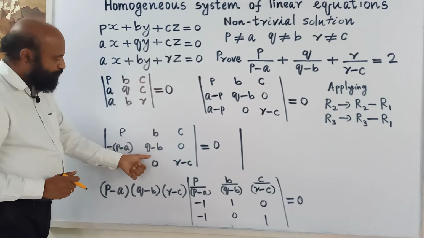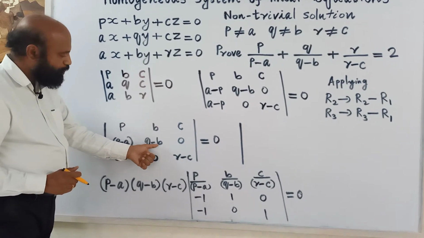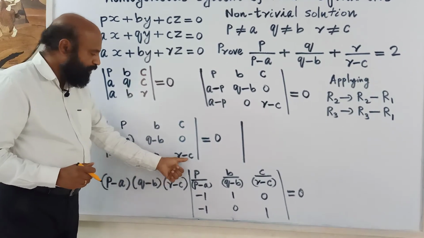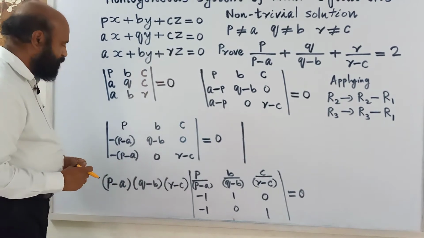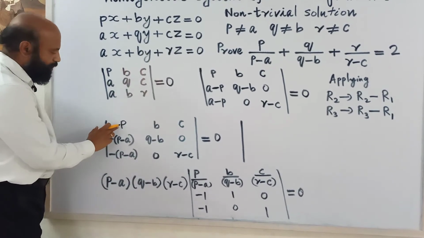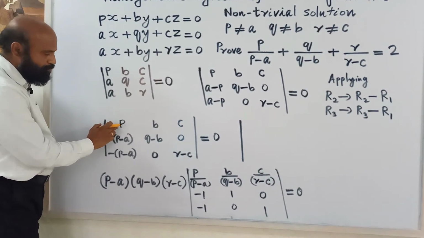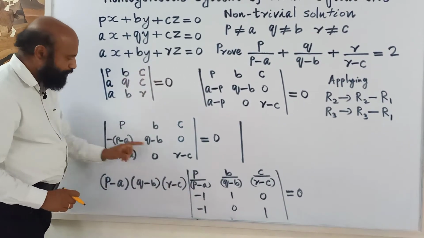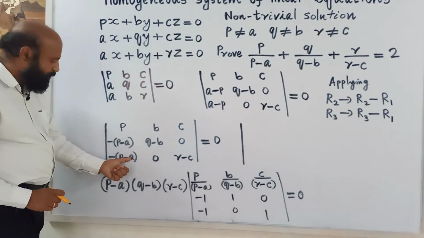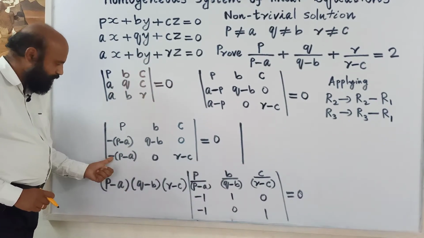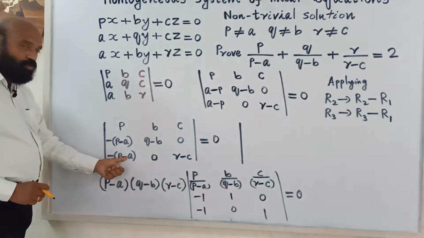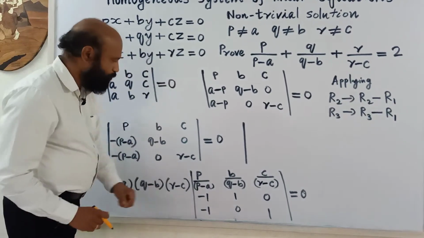From this column you can take Q minus B outside. From this you can take R minus C outside. Now here there is no P minus A in this term. So inside we have to write P divided by P minus A. Since this is taken outside, here it will be minus 1. This also taken outside, so it will be minus 1.